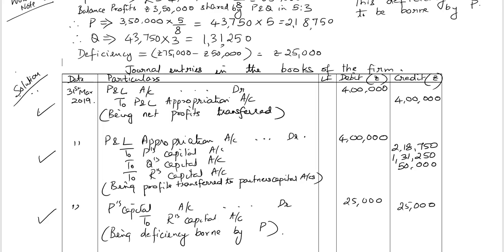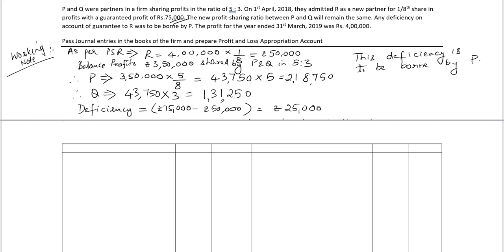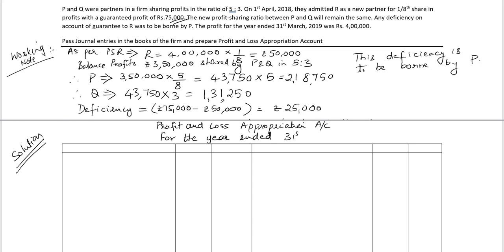Next, let's go to prepare the profit and loss appropriation account. Same sum, solution, ledger account, profit and loss appropriation account for the year ended March 2019.